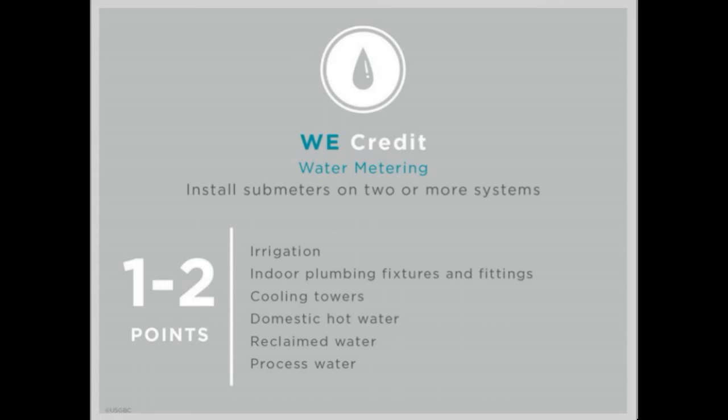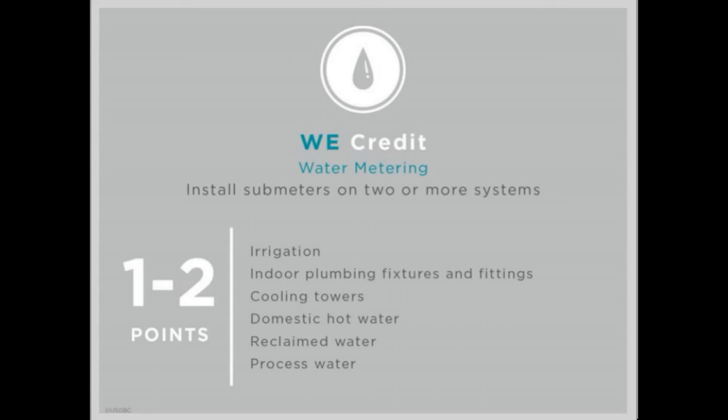As for indoor plumbing fixtures and fittings, project should meter water systems serving at least 80% of the indoor plumbing fixtures and fittings listed in Prerequisite Indoor Water Use Reduction, either directly or by deducting all other measured water use from the measured total water consumption of the building and grounds.